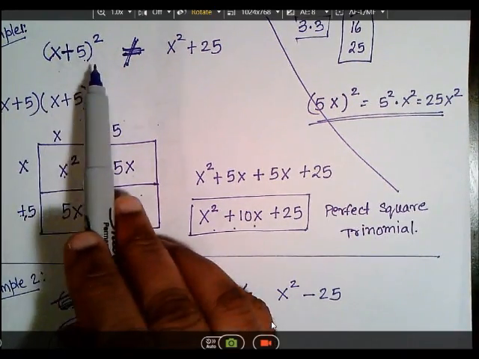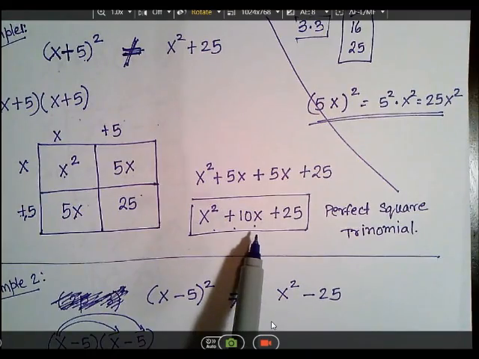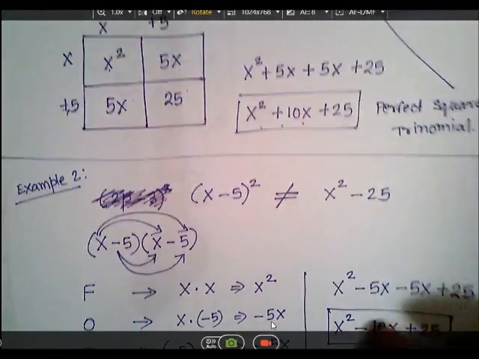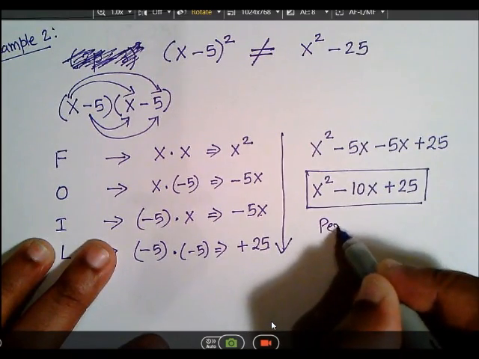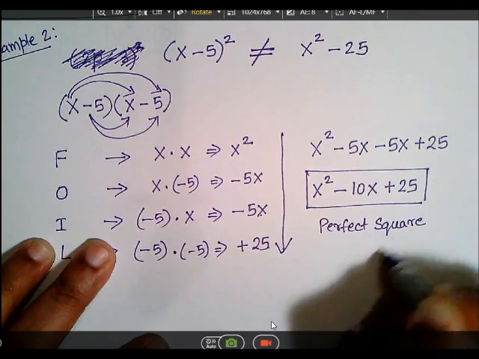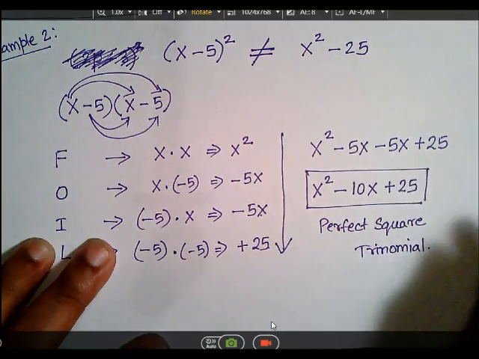I squared a binomial and I got a perfect square trinomial. I squared a binomial again. This is also a perfect square trinomial. Okay, it's just a special case.